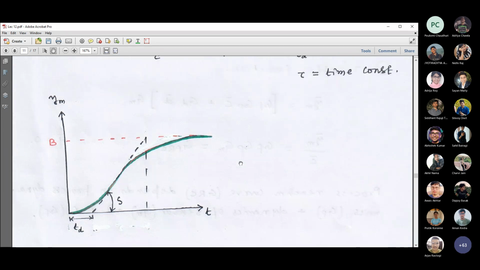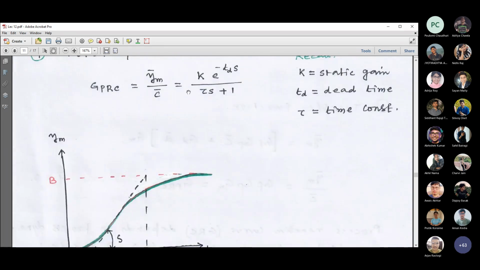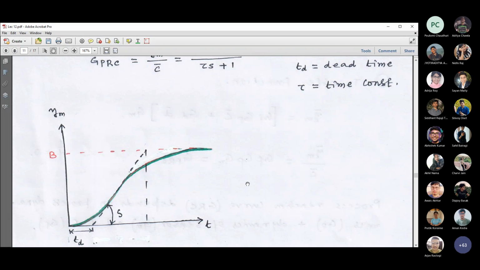So this is basically the transfer function of a first order plus dead time. Let us divide into two fractions. One is first order, another one is dead time. This segment is indicating the dead time part, and the rest, the continuation, is the first order part.